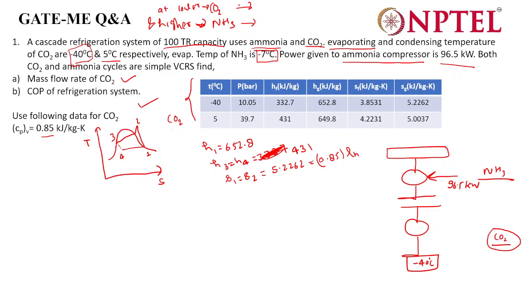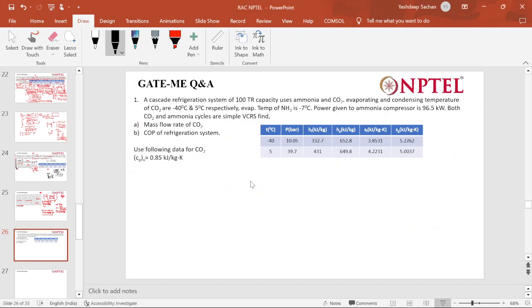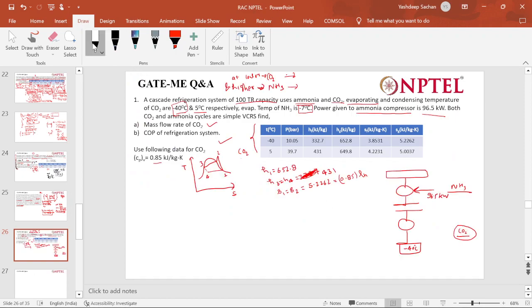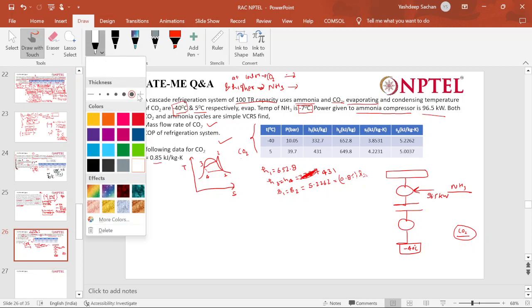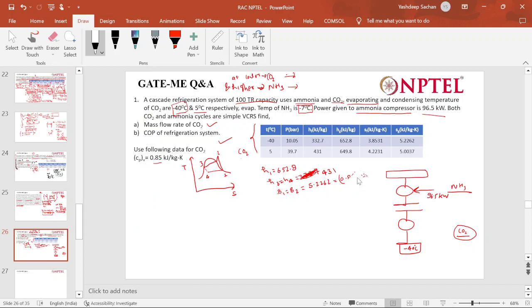278. So this is the entropy at point 2. So entropy difference of this, let's suppose this is A point.